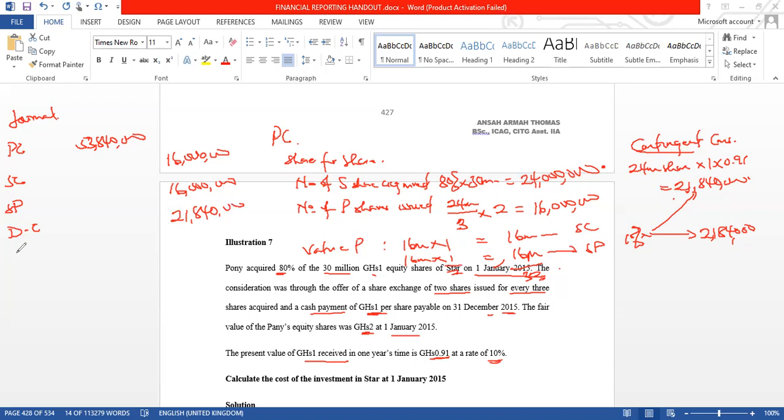Okay, then you need to now debit finance cost with how much? 2,184. Okay, so that is how it is. And don't forget that for this same 2,184, the double entry is what? Debiting the P&L and crediting the deferred consideration. Okay, so just note that.